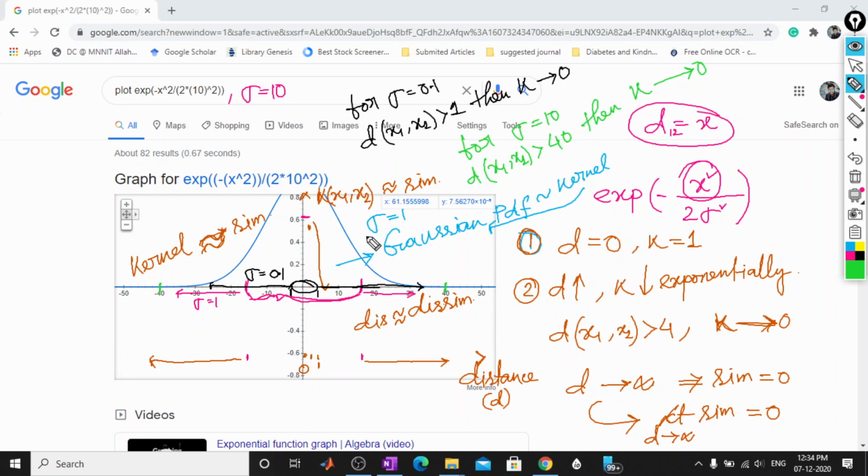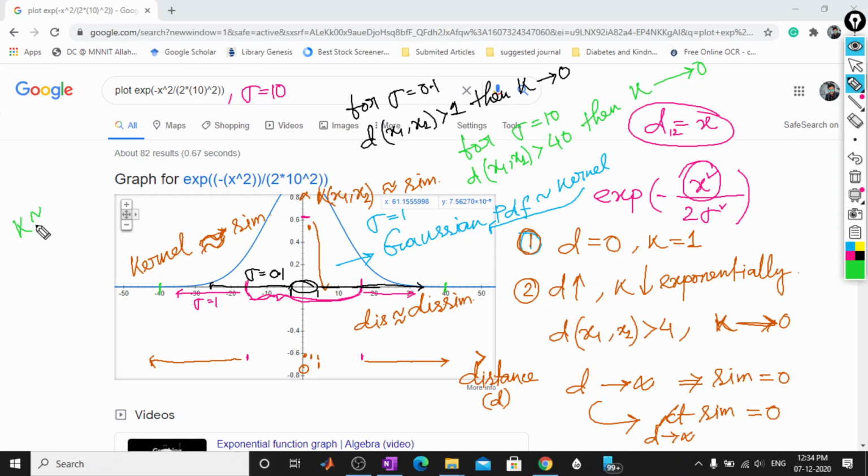If we increase the value of sigma, we consider farther and farther away points, just like in KNN. When we increase the value of k, we consider far away points, and if we decrease k, we consider closer and closer points. So sigma in the radial basis function is similar to k in KNN.